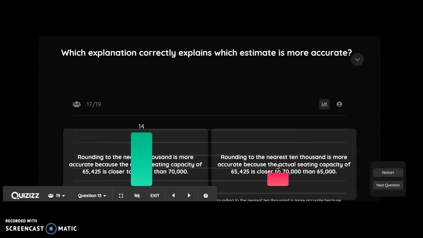It gets you a number closest to the actual number. 65,000 is only 425 away from the actual seating capacity. If you round it to 70,000, that's a little more than 4,500 off of the actual number of people that can be seated in the stadium. So remember, rounding to a smaller place value is more accurate.